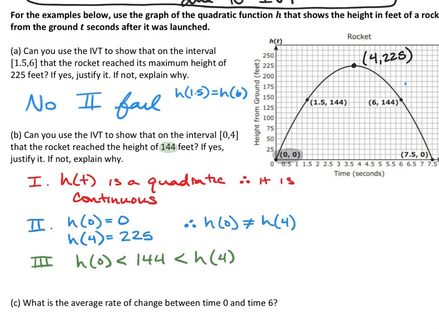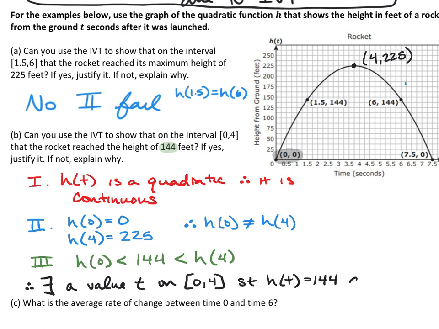No, that's already about as shortened. So we say, therefore, there exists a value t, we're using time, on 0 to 4, such that h of t is equal to 144 due to the IVT.